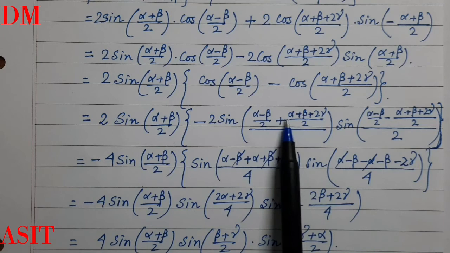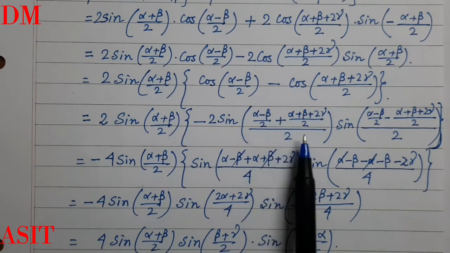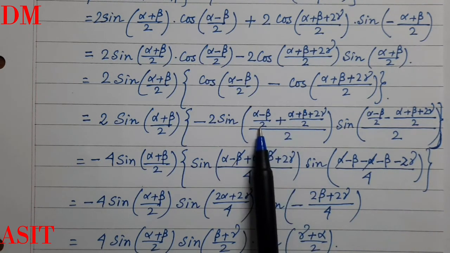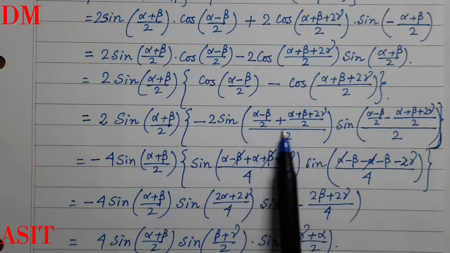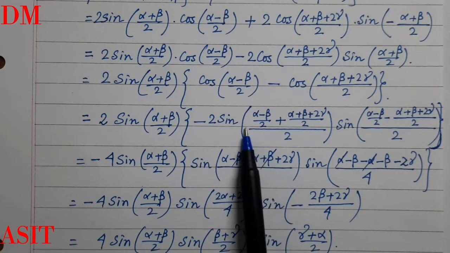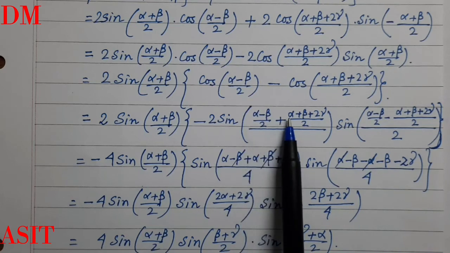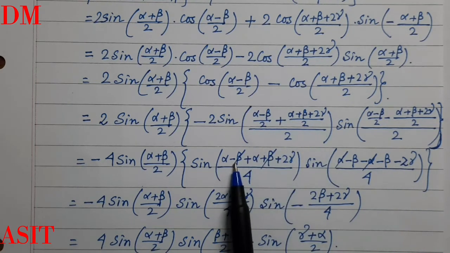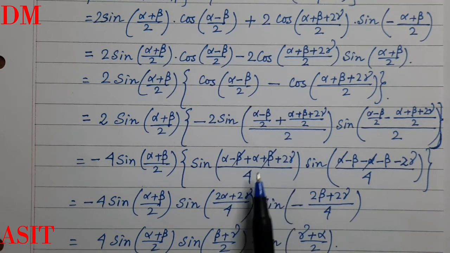If I see this calculation, 2 will be the LCM, so it will be in the denominator, and these two and this 2 will be multiplied here, so it will become 4, making the denominator 4. Now this will be alpha minus beta plus alpha plus beta plus 2 gamma. So beta beta will be cancelled out. So it will be (2 alpha plus 2 gamma) by 4.